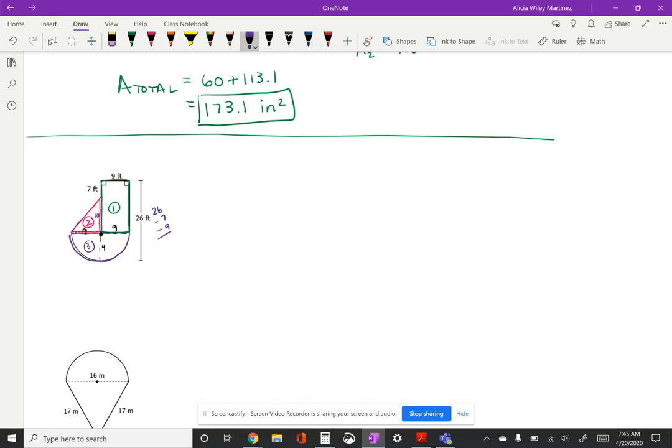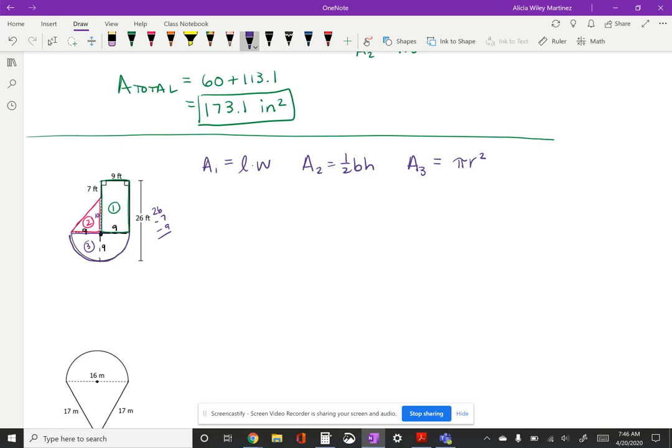Okay, now for the area of region 1, it's just length times width. For the area of region 2, it's 1/2 base times height. For the area of region 3, we know that the area of a circle is pi r squared, but this is only half of a circle.